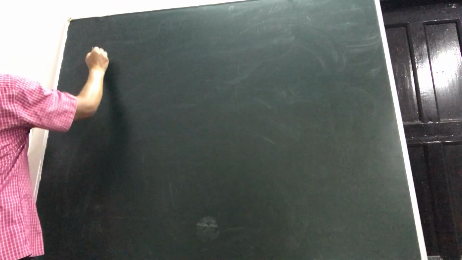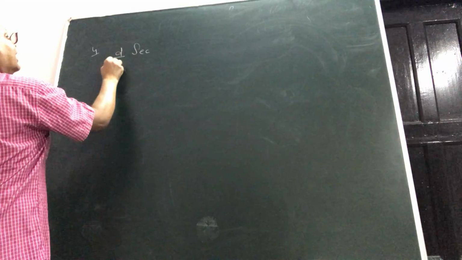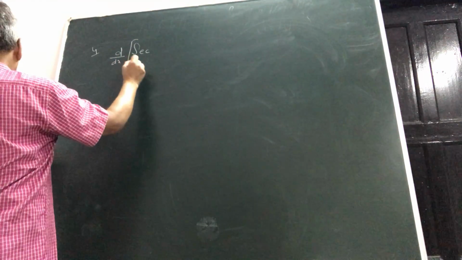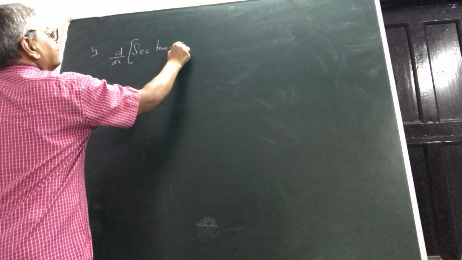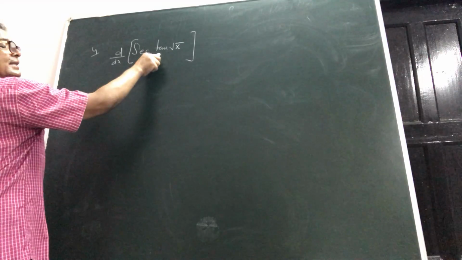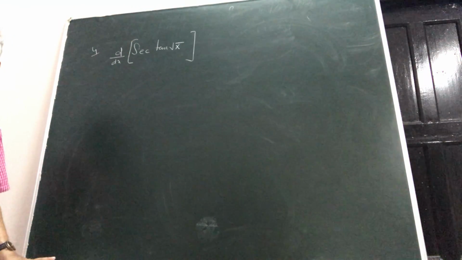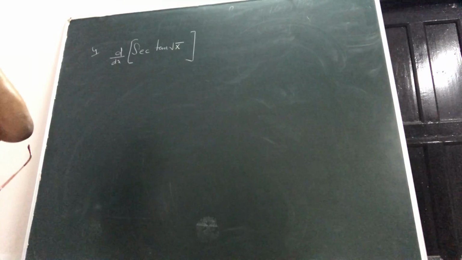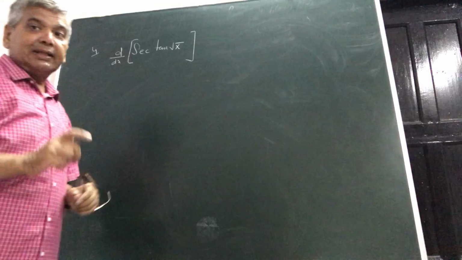Now I will take the fourth question because it involves 3. d by dx of sec tan root x, you have to find it. It is the composition of 3 functions. The innermost is root x, then it is tan, and then it is sec, outermost. So what will you do? First of all, this entire tan root x, you will put t at the first step.